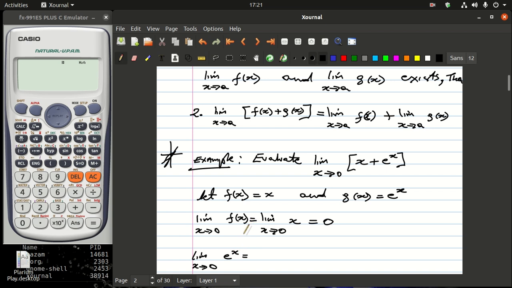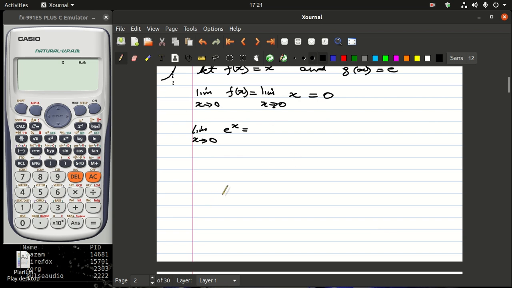Let me just draw it, maybe you will see something here. That function keeps growing like this, and at this point when x is equal to 0, this is a 1. So this is e to the power x.